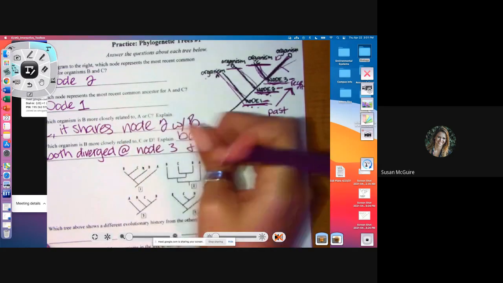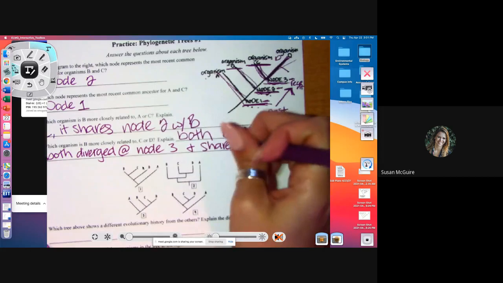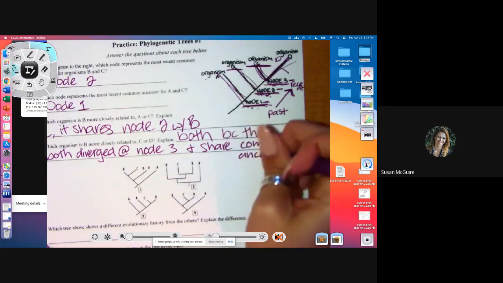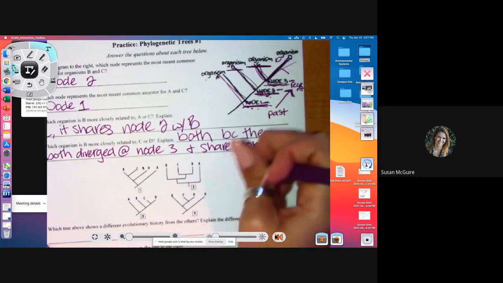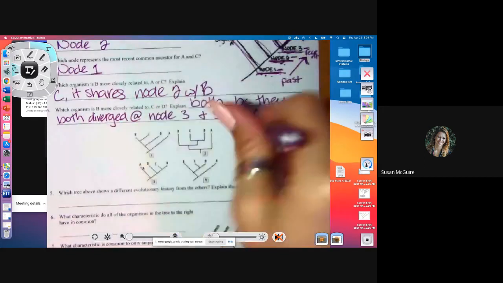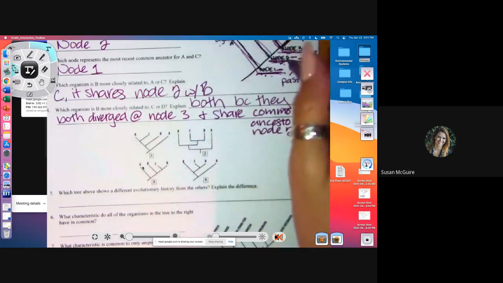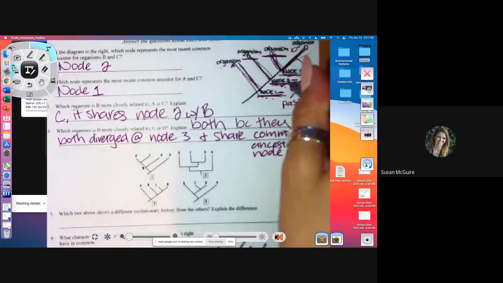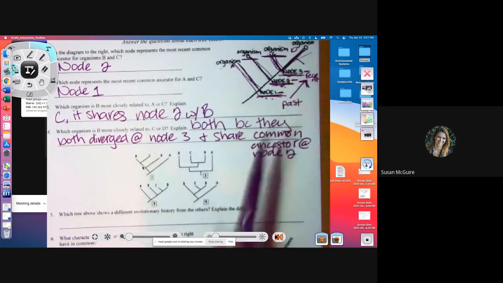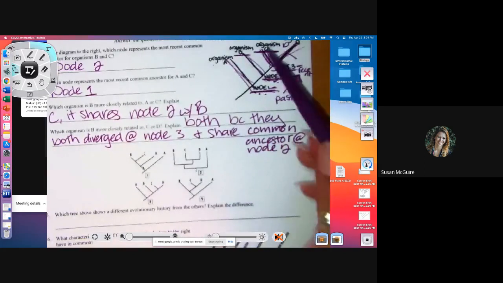They both diverged from node 3 and share the common ancestor with B at node 2. So they both came from 3, but their most recent common ancestor with B is 2.